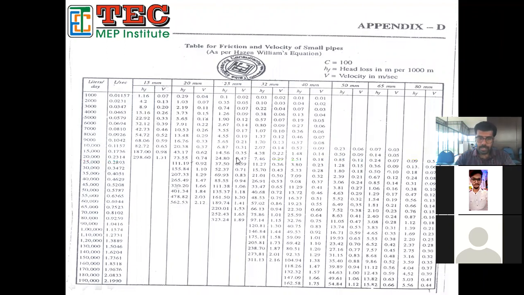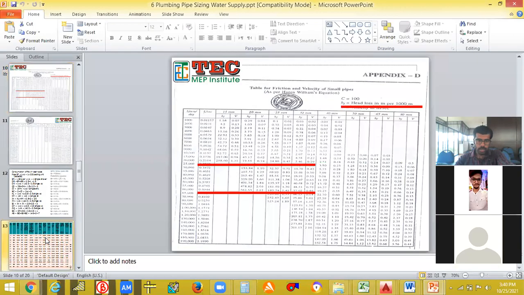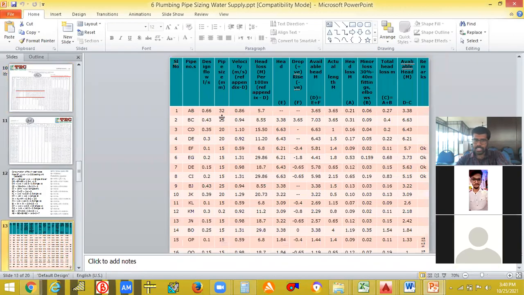So let's see this one, 0.66 and 32. The answer might be 0.8, but here we got 0.86. So we can see how we got this 0.86. Design flow is 0.66 and pipe size is 32. You have to keep that in mind.